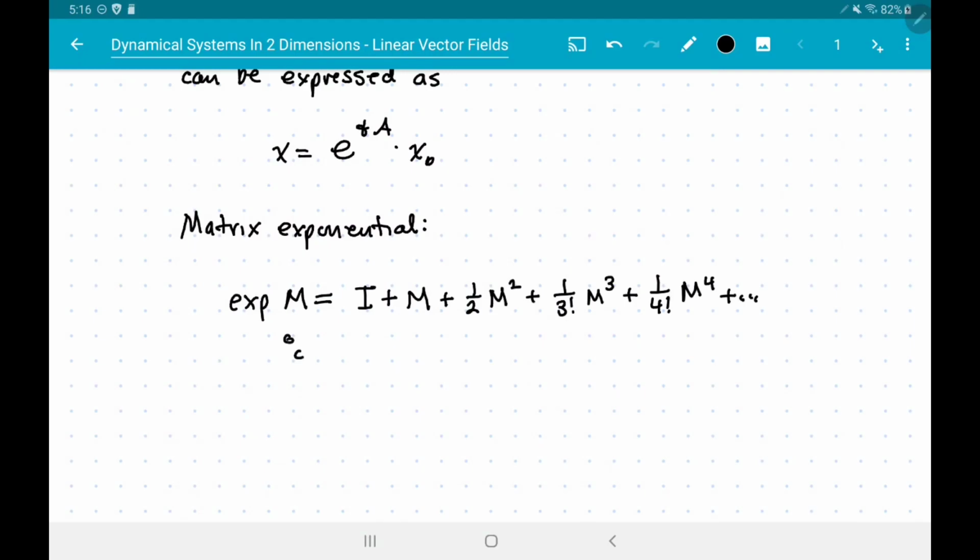And the idea here is that there's a power series for e to the x that's got this shape. And if you like, you can fill in all of the extra factorials.